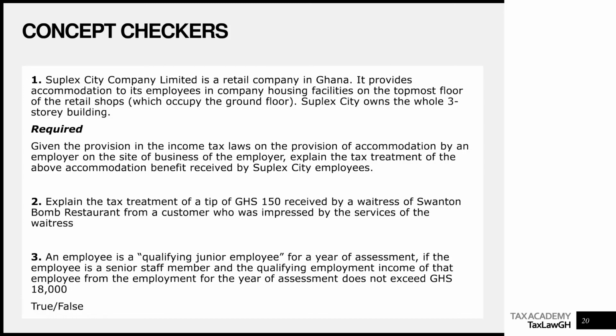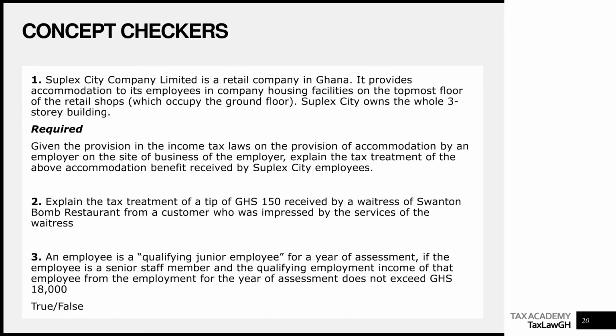So we are saying here that a company called Suplex City Company Limited has a 3-story building. The shops are on the ground floor. Then it houses its employees on the top floor. This is clearly an accommodation benefit received by the employees because they get free housing to live in company building.